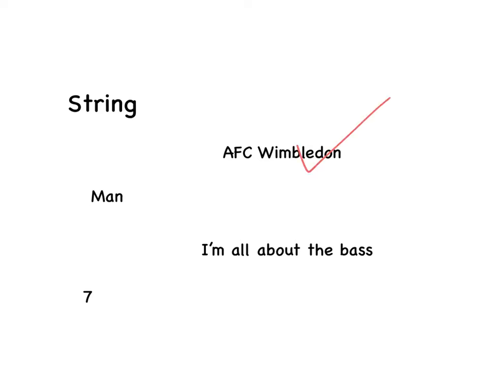Even a number like 7 can be a string. But if you make it a string as in text, it can appear very nicely, but you can't do maths with it or any sort of calculations using it.